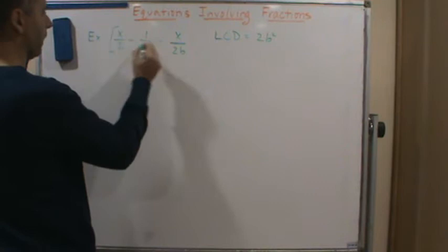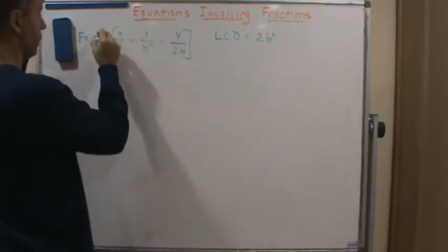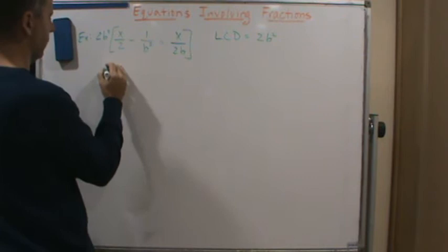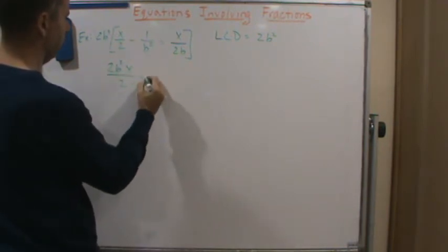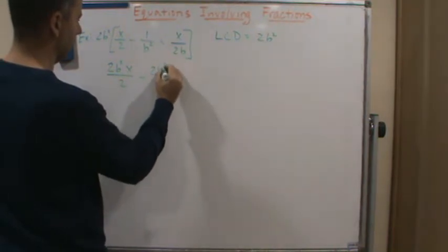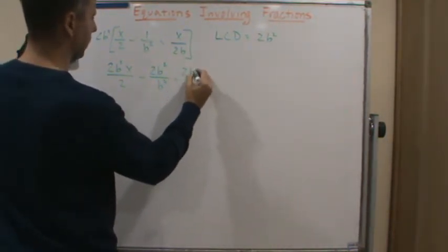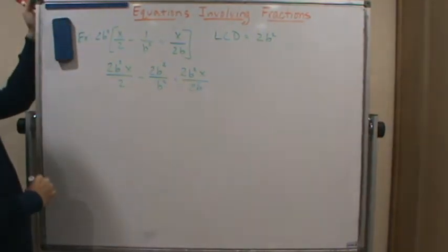So if I multiply everything by 2b squared, what happens? I get 2b squared x over 2 minus 2b squared over b squared equals 2b squared x over 2b. Okay?